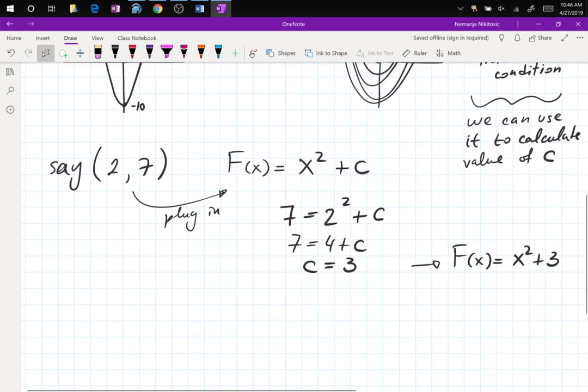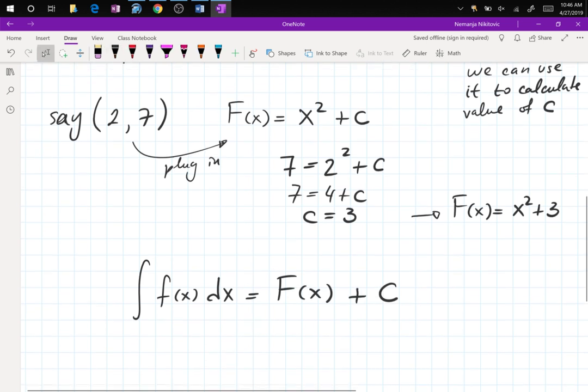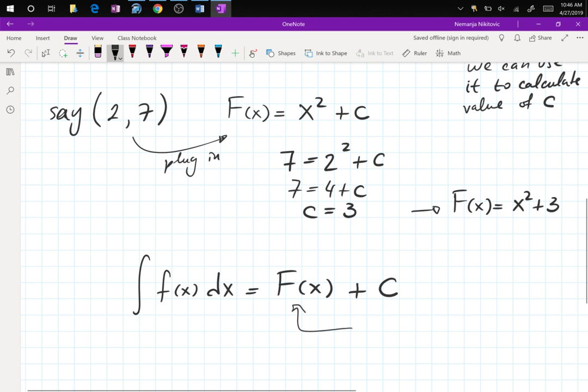So what we have done so far is we said that the integral of some function f of x dx is equal to the antiderivative plus c. So this capital F over here is called the antiderivative. That F of x is called the antiderivative.